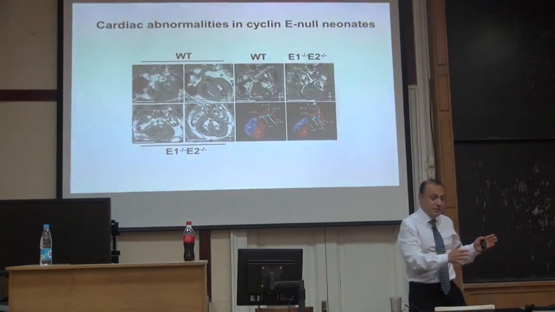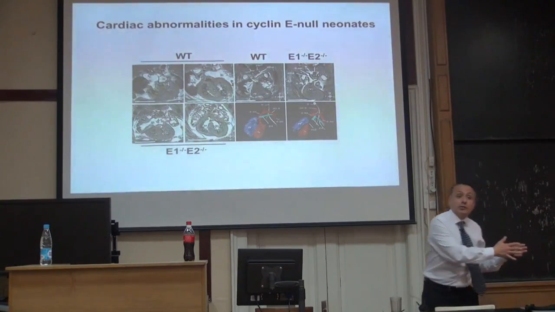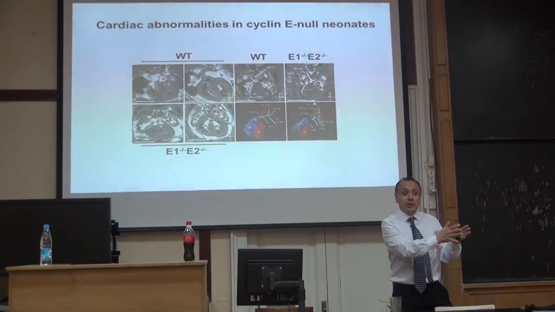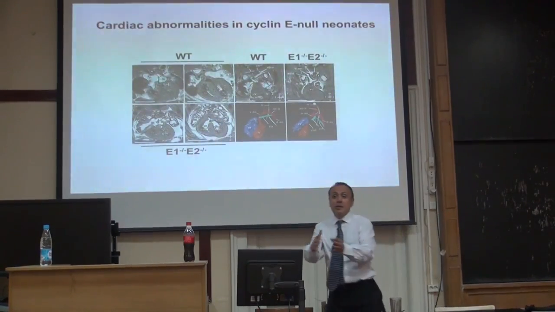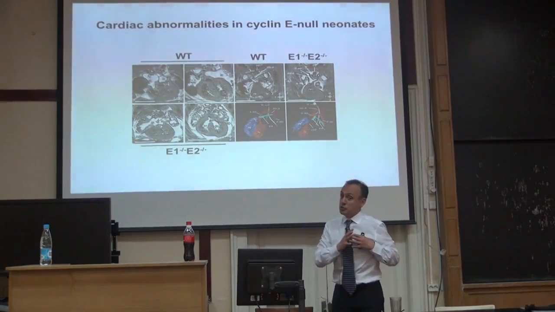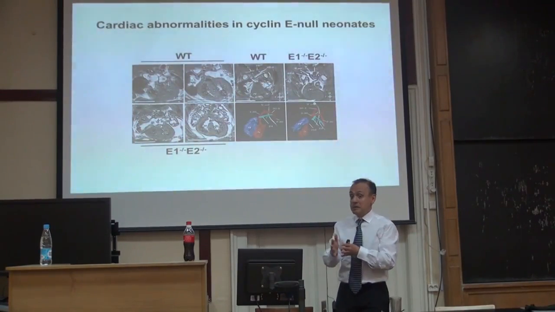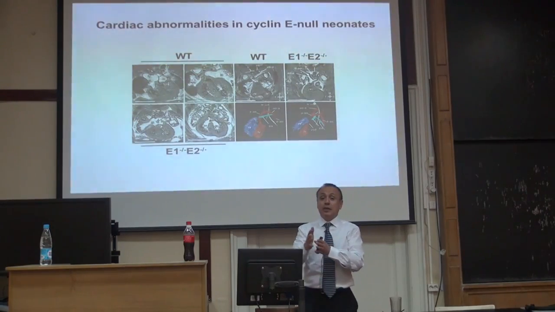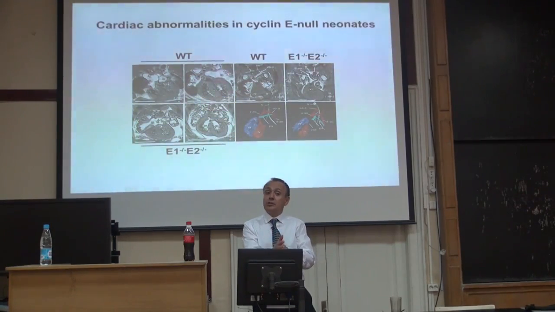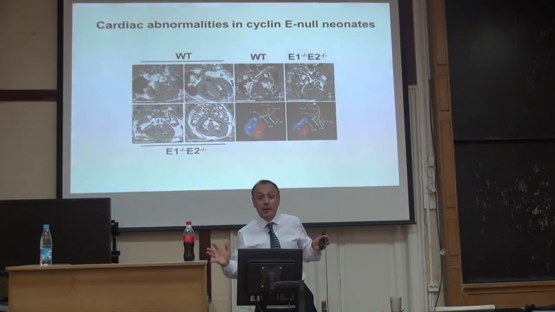So the bottom line is that cyclin E is required, first of all, for the placenta. You can bypass it by this tetraploid complementation. If you bypass by complementation, then you have the second roadblock, which is the heart problem, the septal problem, but it kills the mice. If you delete cyclin E afterwards, after the heart developed, well, now you have a perfectly normal mouse.